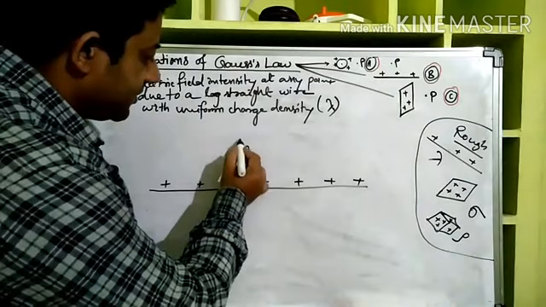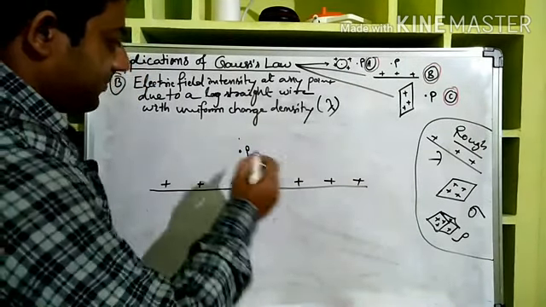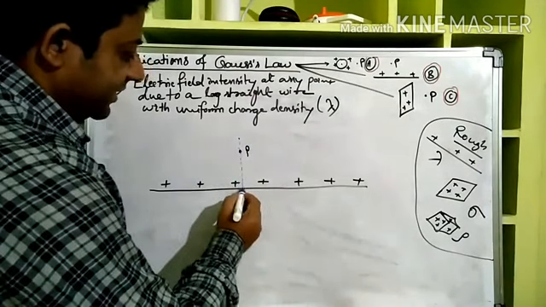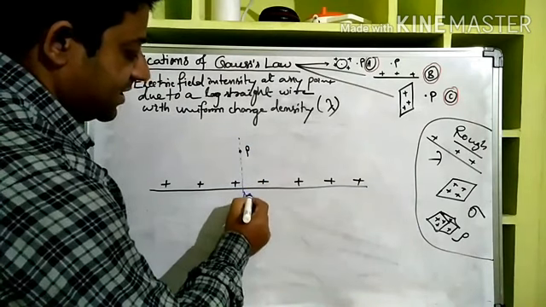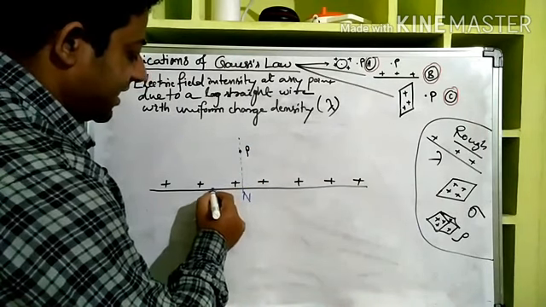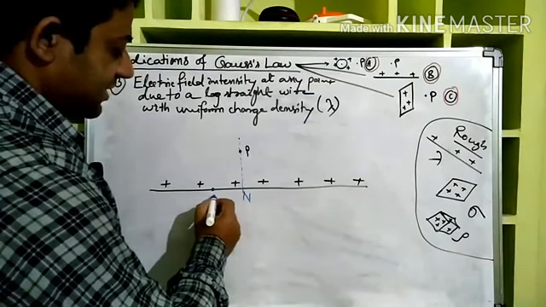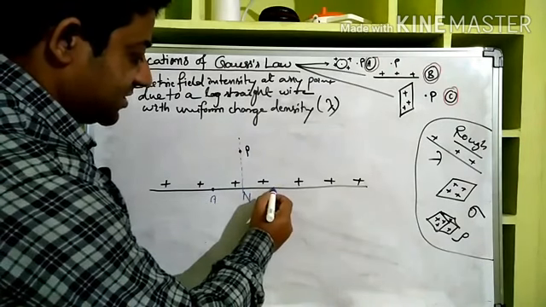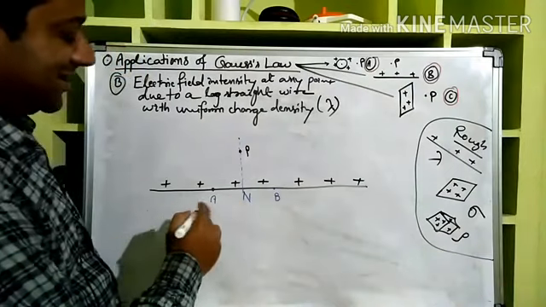Take any point left of this intersection, let us say this point is N, and at left of this I have taken one point here. Now let us say this is A. Taking the same distance, there will be another point B. AN is equal to BN, let us say.